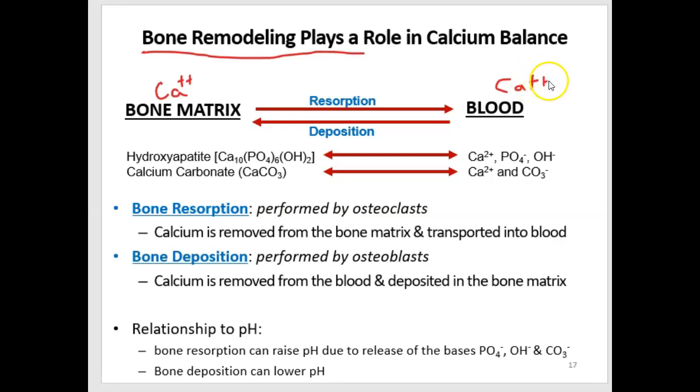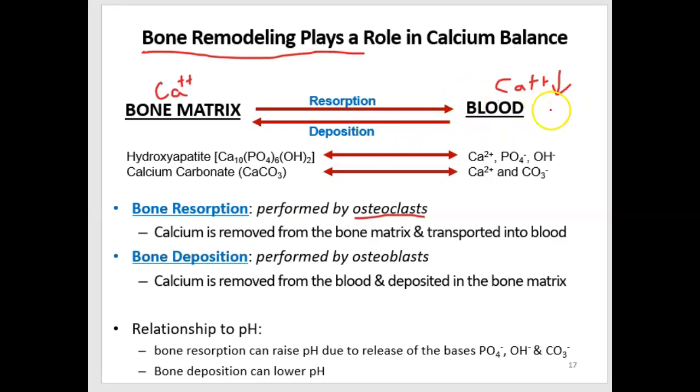When the blood calcium level gets low, let's say it gets low, the matrix can be reabsorbed by osteoclasts. And so the matrix is reabsorbed and calcium is released into the bloodstream.